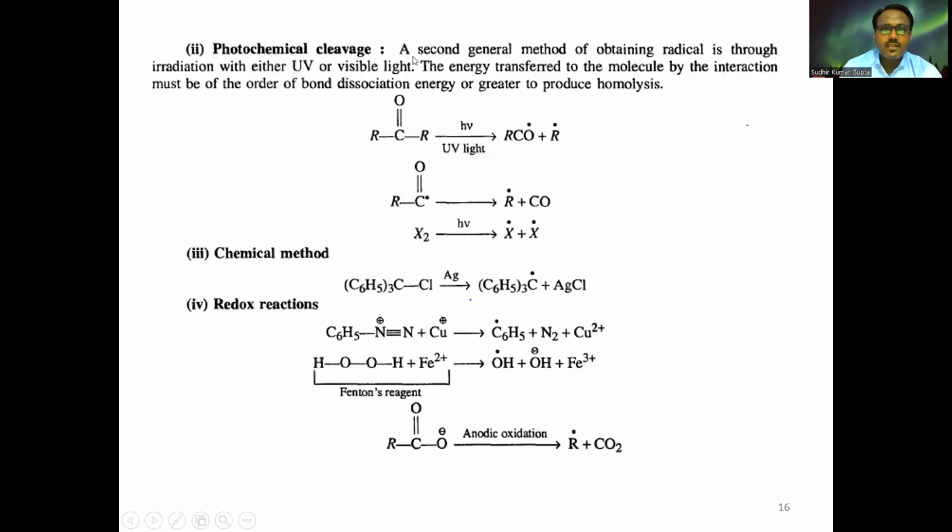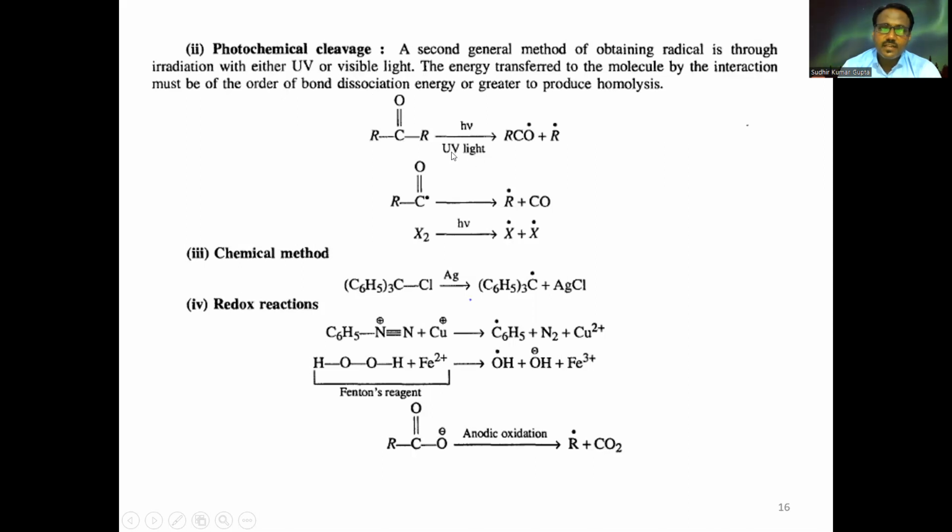Photochemical cleavage can also occur, where there is a great chance of getting a radical through irradiation of light upon the substrate, where the energy transferred to the molecule by the interaction must be of the order of the bond fission energy to cause the homolysis.